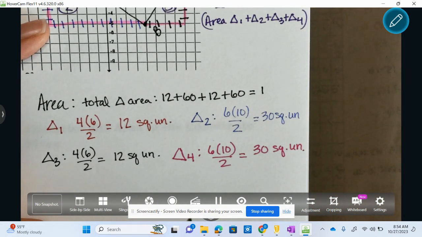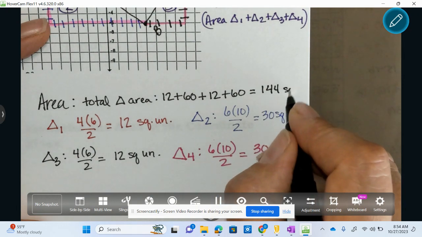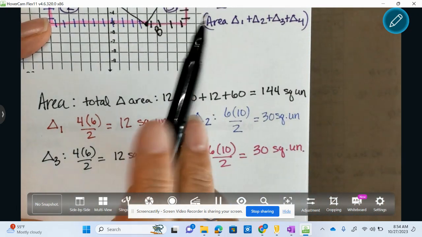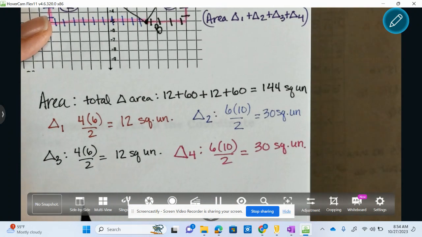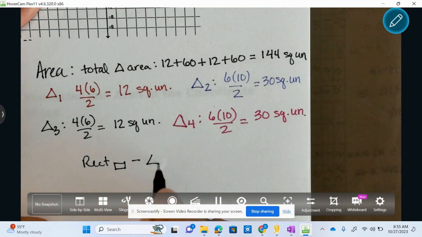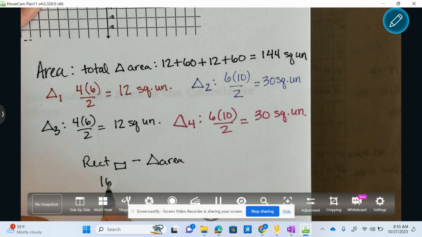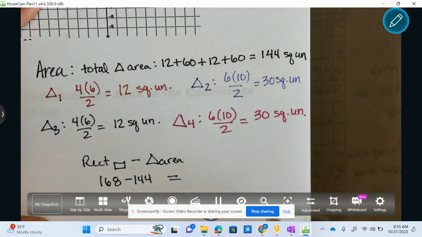I'm just adding those up. Okay, 144. So to find the area that's left over, I take my rectangle area minus my triangle area. So I have 168 minus 144. And what do I get?